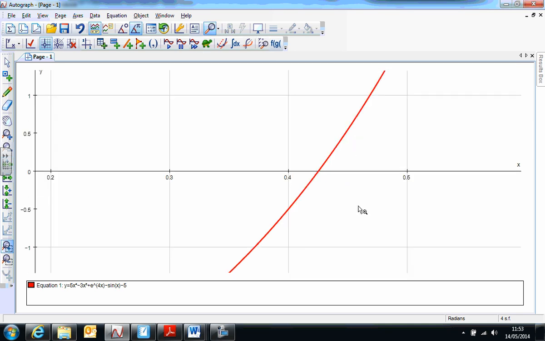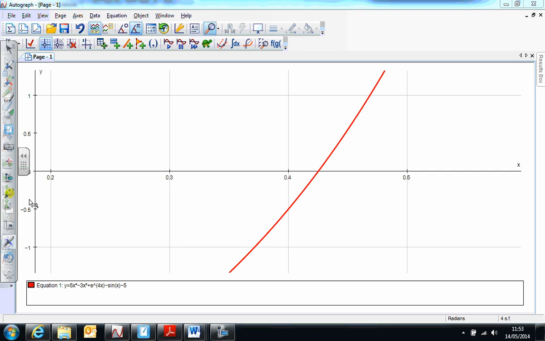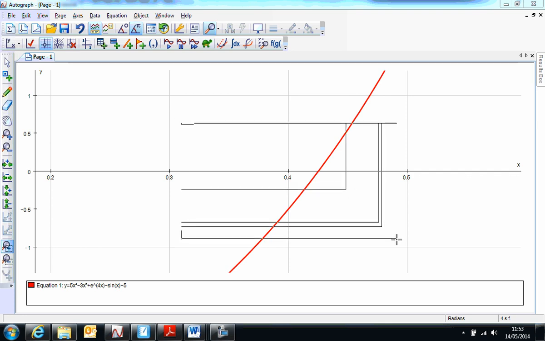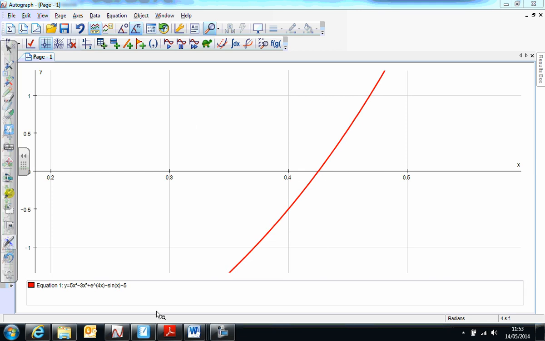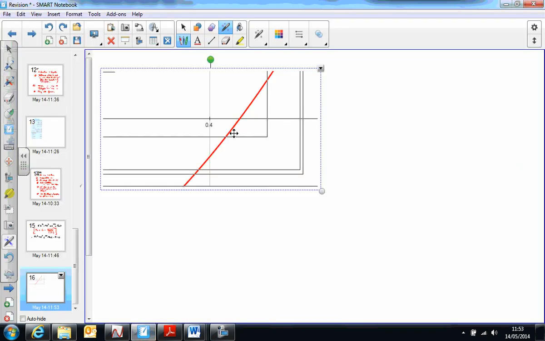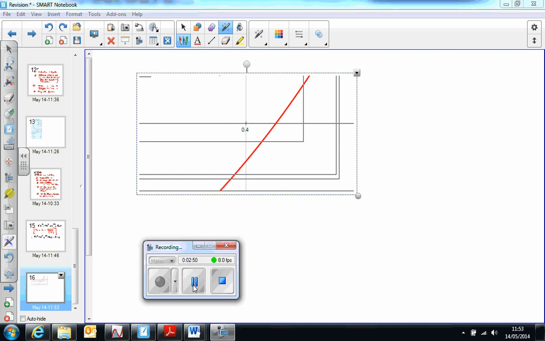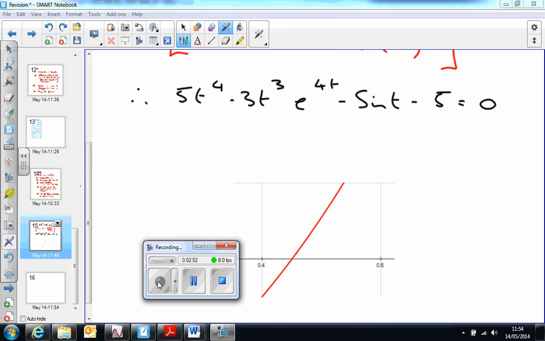I know it's between 0.4 and 0.5, so let's just put that in our notes. In fact, let me have another go at that. I know the root lies between 0.4 and 0.5 because I plotted it on Autograph.